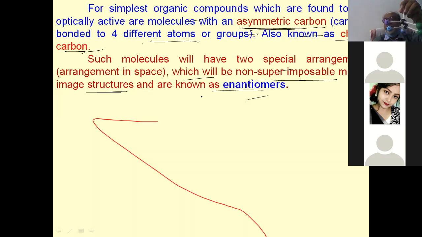In no way can we make it. So are they the same now? No, sir. They are different. So these are two different optical isomers. If one of them rotates the plane polarized light right, the other will rotate towards left. Now, can you tell which one will rotate towards right and which towards left?